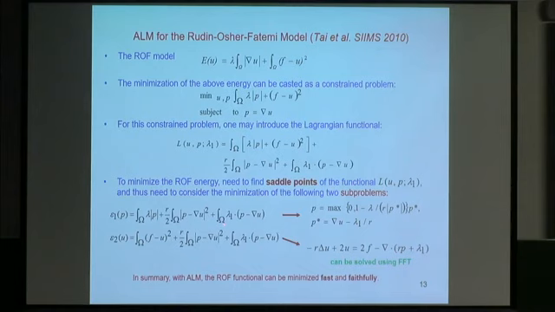For u, we cannot write down its minimizer in closed form, but if we find the Euler-Lagrangian equation, it is just linear, so we can solve it using FFT. So each sub-problem has a closed-form solution or can be solved using FFT, and in this way the saddle point, and also the original minimizer, can be found quickly.